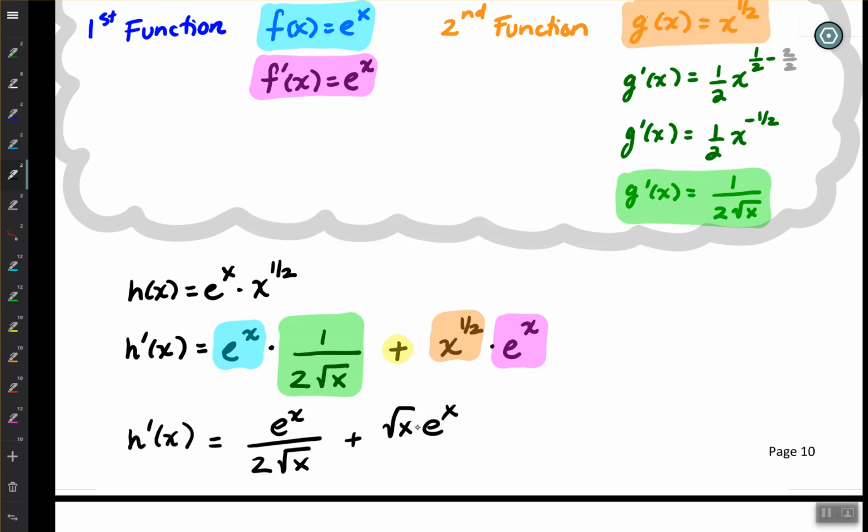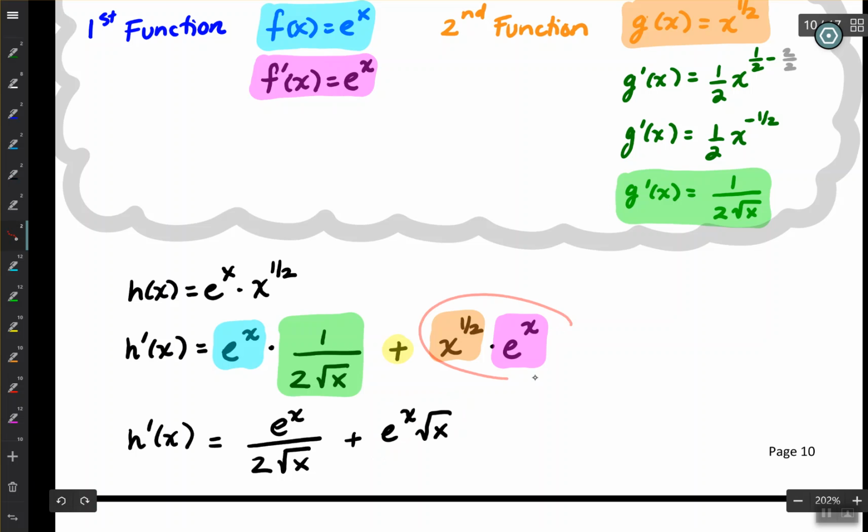Order doesn't matter in multiplication, but sometimes people don't know, like, am I stopping the root here or is it extending? So I think writing e to the x times the square root of x looks a little bit more readable. And done. If you wanted to factor out an e to the x, you're more than welcome to do so, but this is sufficient.